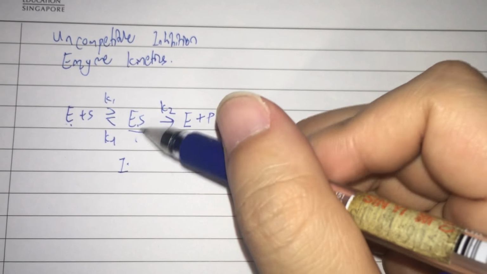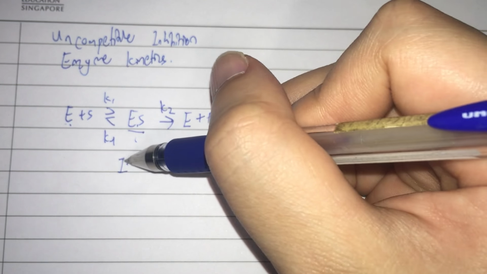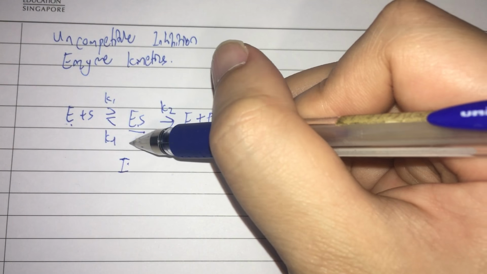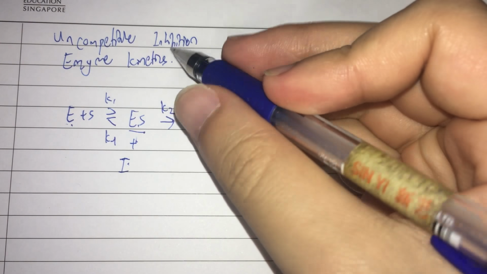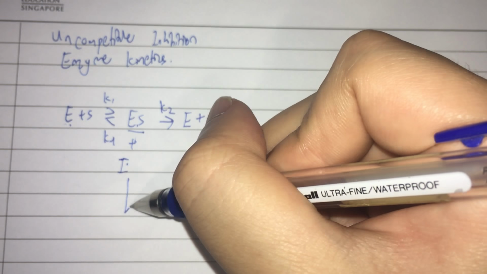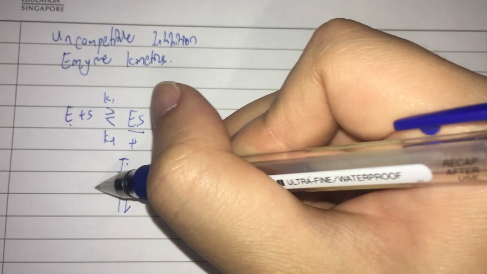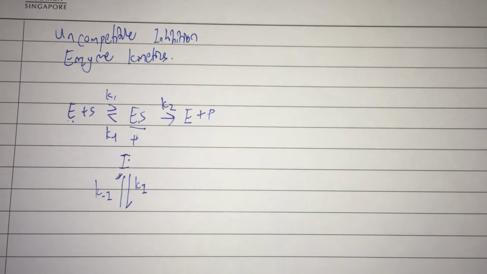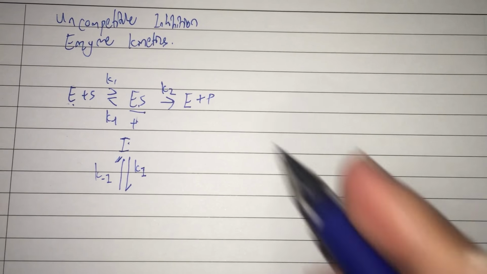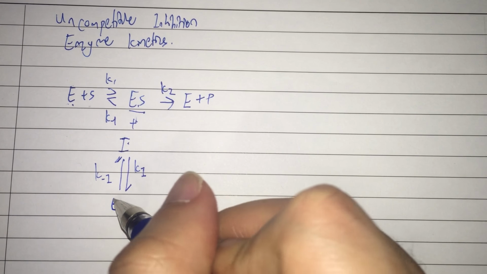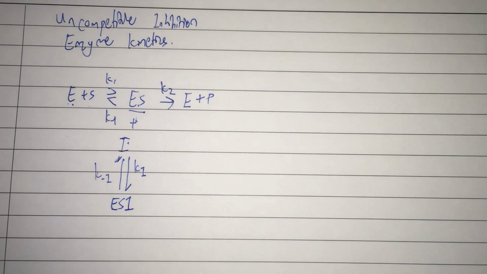So you can use that to remember this only binds to the enzyme substrate complex, again one forward and one backward. So let's name this Ki small, K minus I. So there's the inhibitor equilibrium. Then you have this ESI complex.